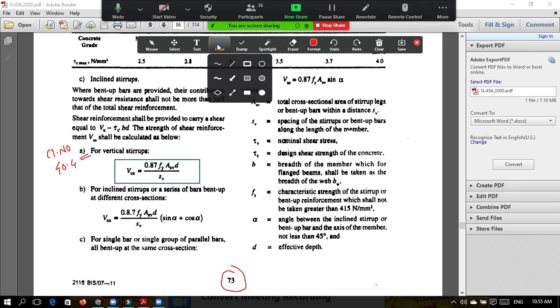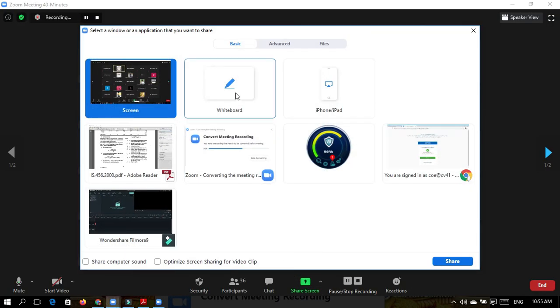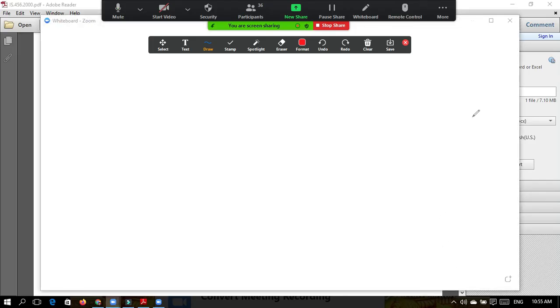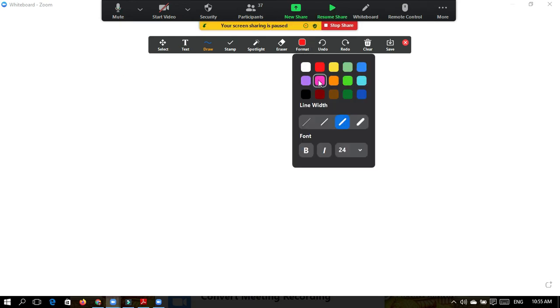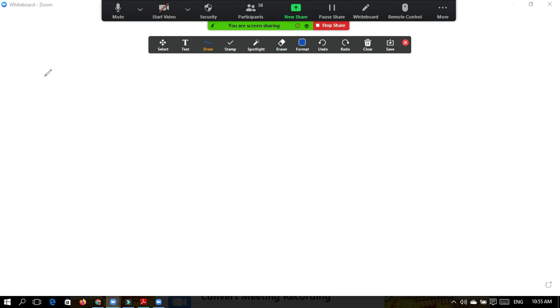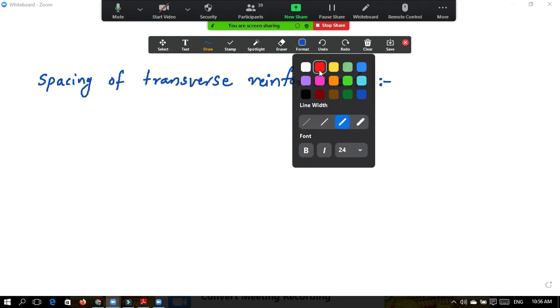Now we will again move to our slide board. Spacing of transverse reinforcement. Means we need to space the stirrups.